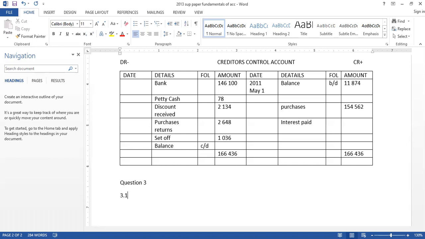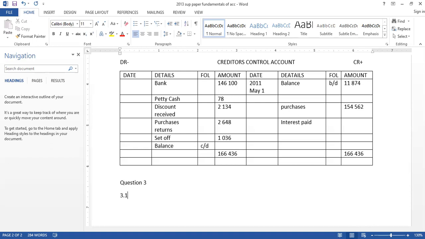And then you should also differentiate between direct debits and direct deposits. I believe that is also in your study guides. Then you should also be able to differentiate between a dishonored check and an unpresented check. We all know what a dishonored check is and what an unpresented check is.